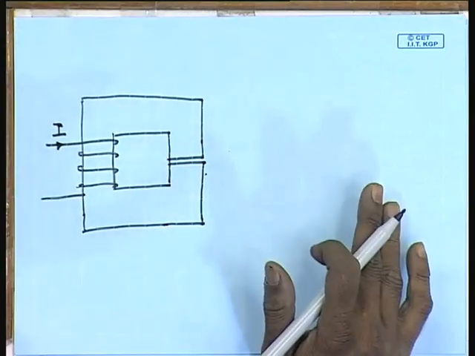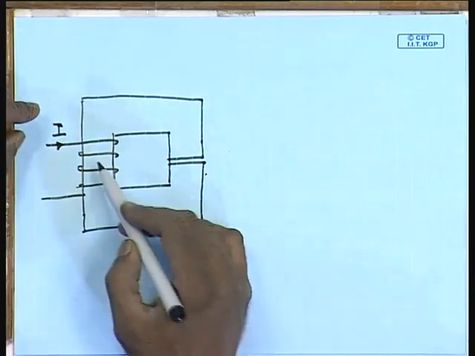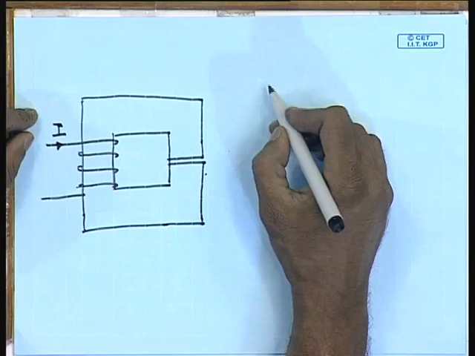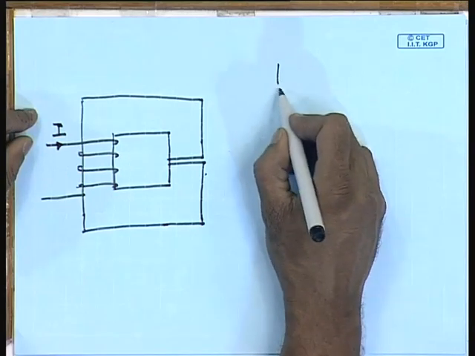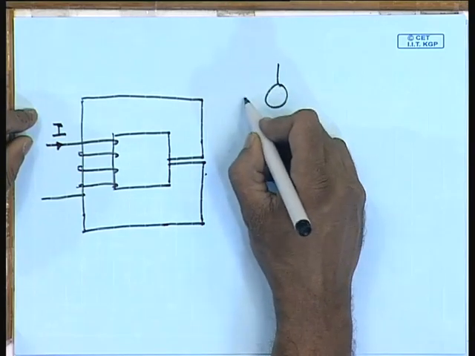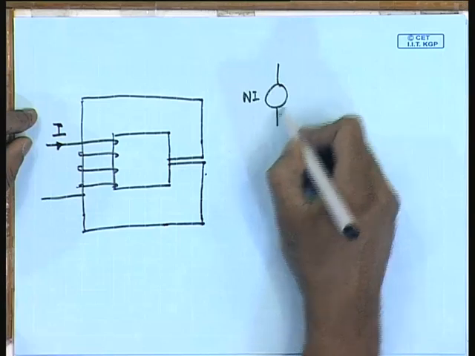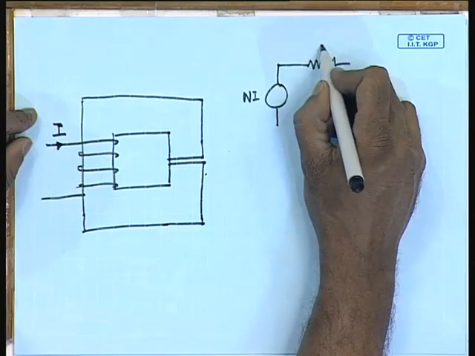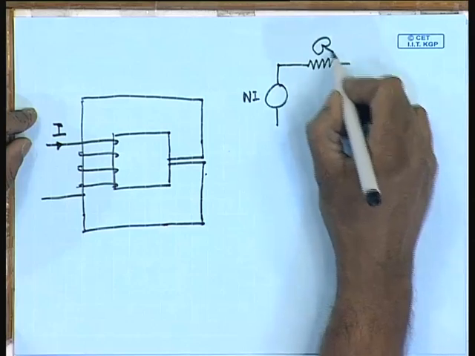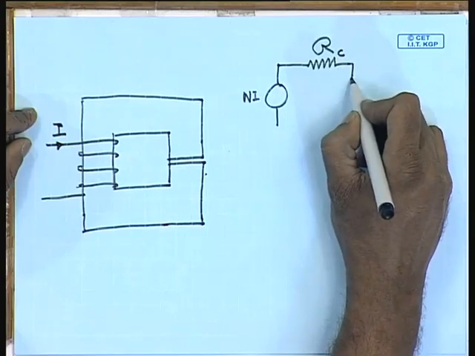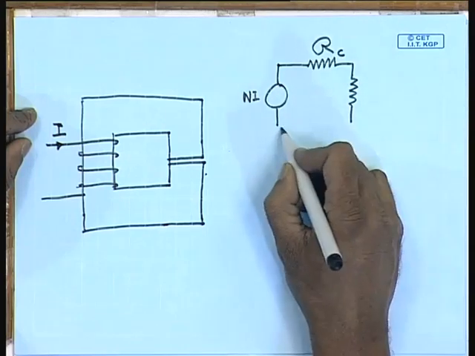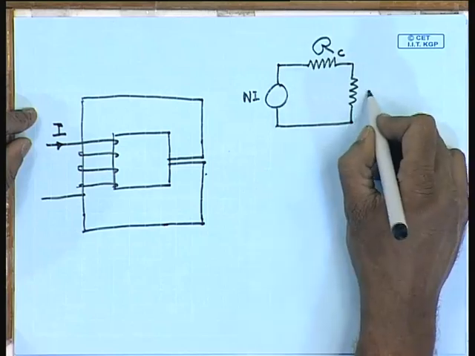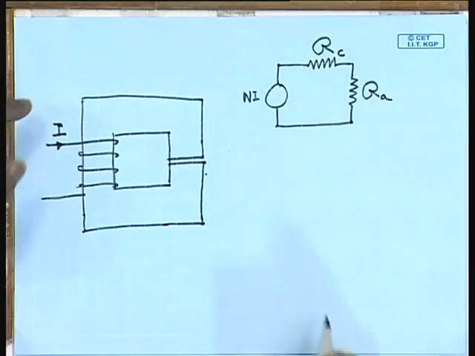In an electrical case, it would have been simple. This is basically a series circuit. We could have drawn it as an MMF source Ni, the reluctance of the magnetic path, the magnetic core R core, in series with the reluctance of the air gap R air.